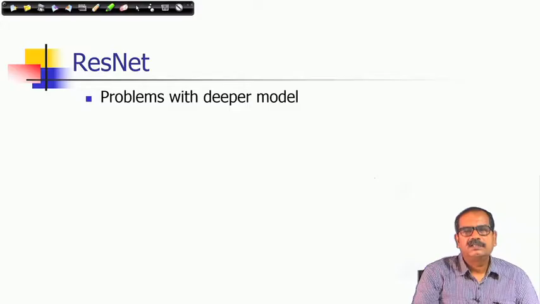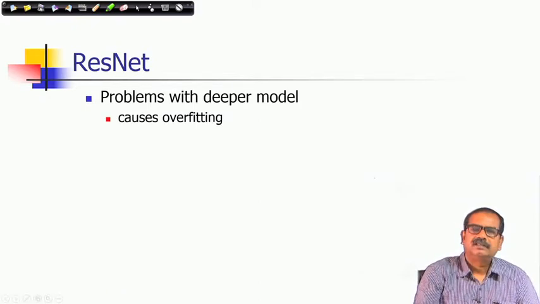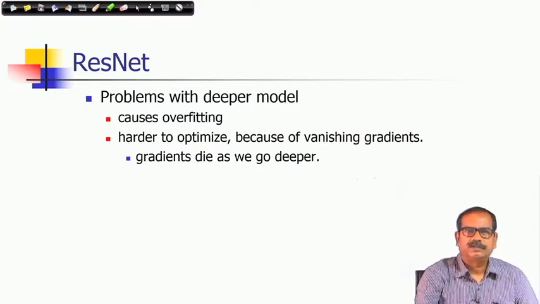Then the next kind of deeper model is the residual network or ResNet, because of the problem that if we increase the number of layers, it has been observed that it causes overfitting and it is harder to optimize, because the gradients vanish. Since with vanishing gradients you cannot run the optimization, it dies as we go deeper.